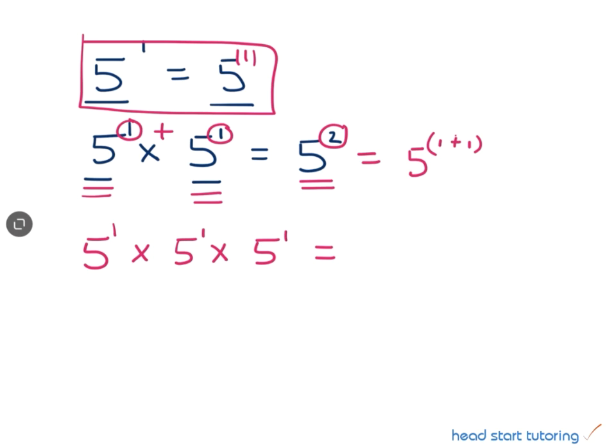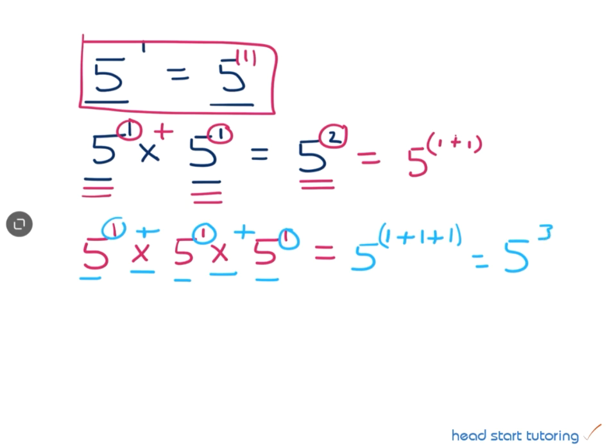So when we are now timesing and the bases are the same, we are able to add our powers. So in this example, we've got 5 to the power of 1 plus 1 plus 1. And that gives us an answer of 5 to the power of 3.